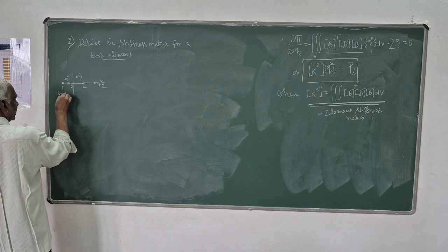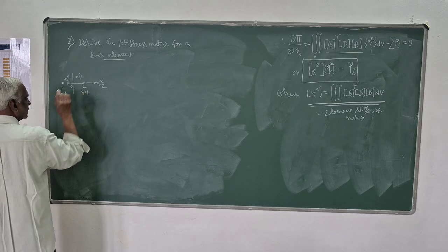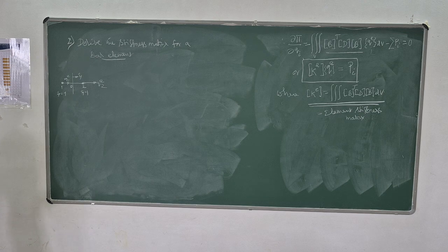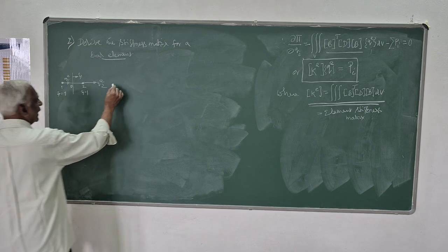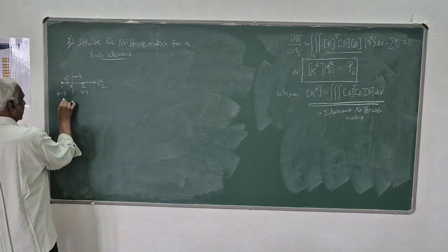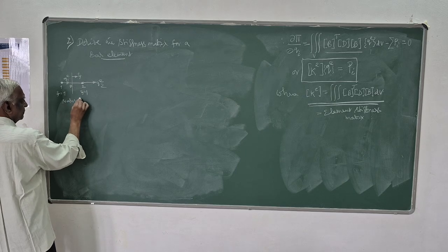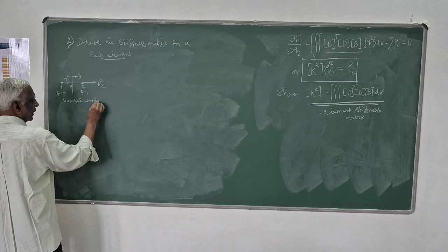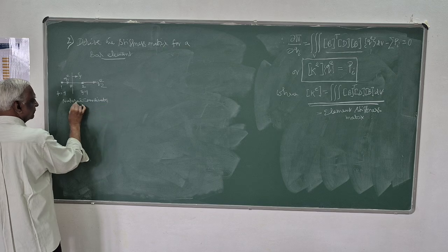ξ equals -1, ξ equals +1, and this is the bar in natural coordinates.